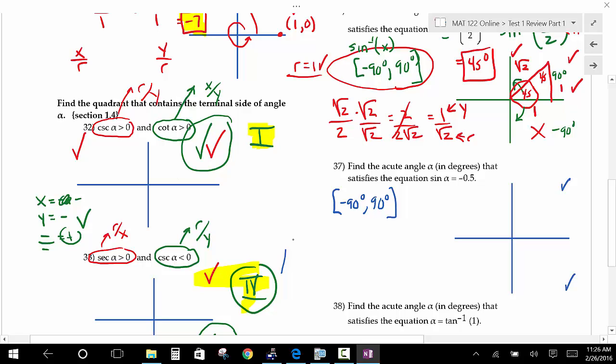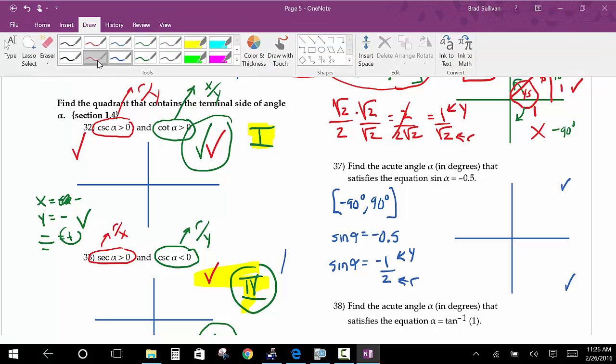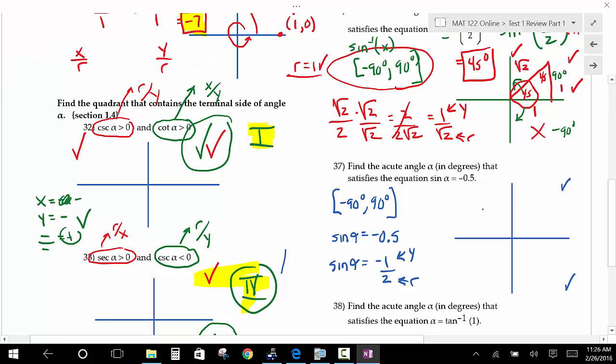Now, notice that I gave you that the sine of alpha is equal to negative 0.5. That really means the sine of alpha is negative 1/2. The sine, by definition, is y over r. So we need to work backwards with our special triangles to reason that out. Okay, so where are we? Well, the sine is positive here. So if you take the sine of a quadrant 1 angle, you're going to get a positive answer.